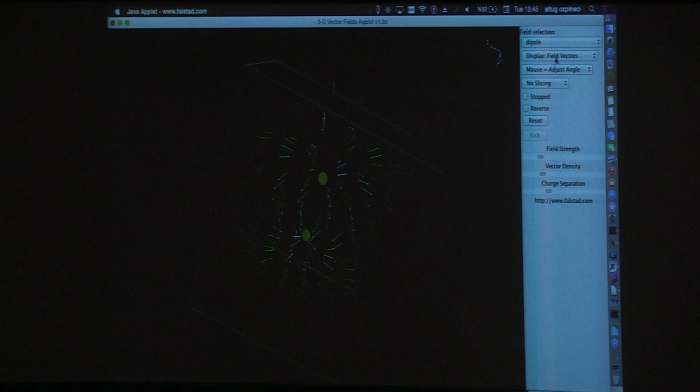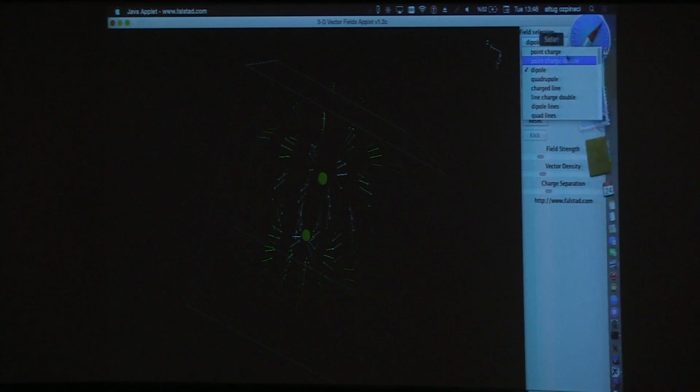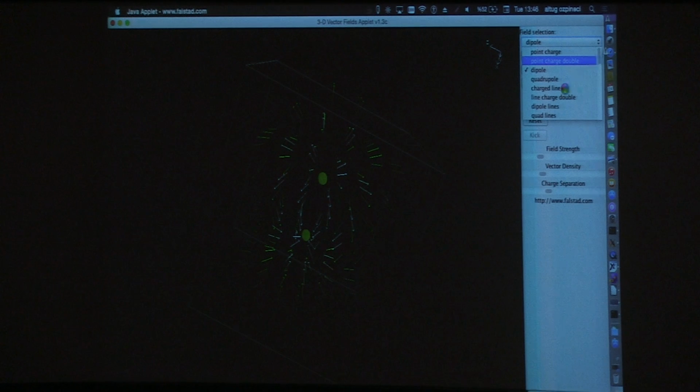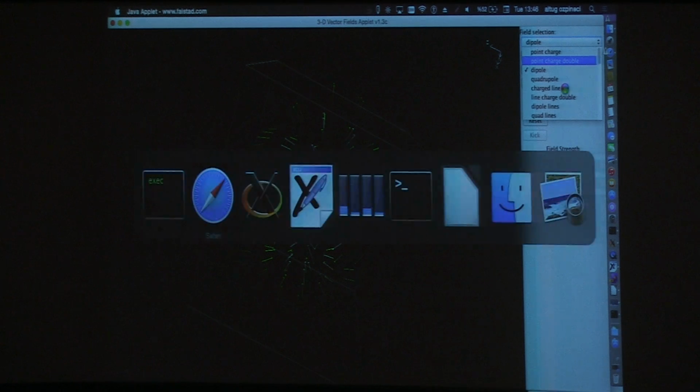Now, we had also discussed some conductors. Now, there is also another simulation of a conducting sphere and a point charge.